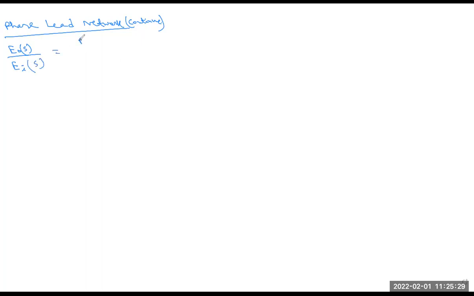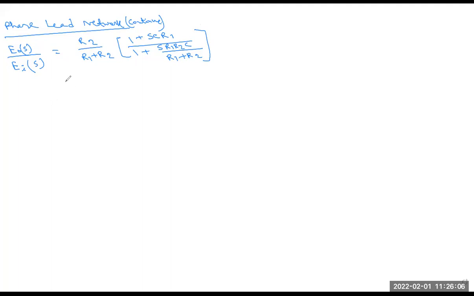We have calculated a previous result, that is R2 by (R1 plus R2) into (1 plus S C R1) divided by (1 plus S R1 R2 C by (R1 plus R2)). This is basically the phase lead network circuit input to output of the system.